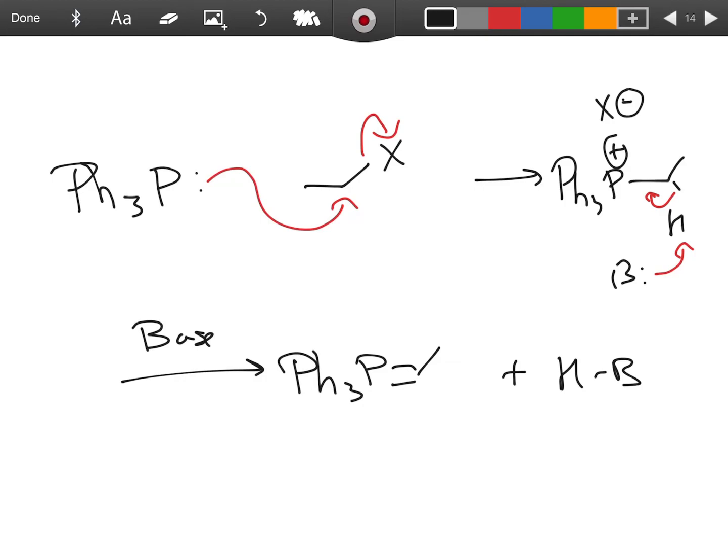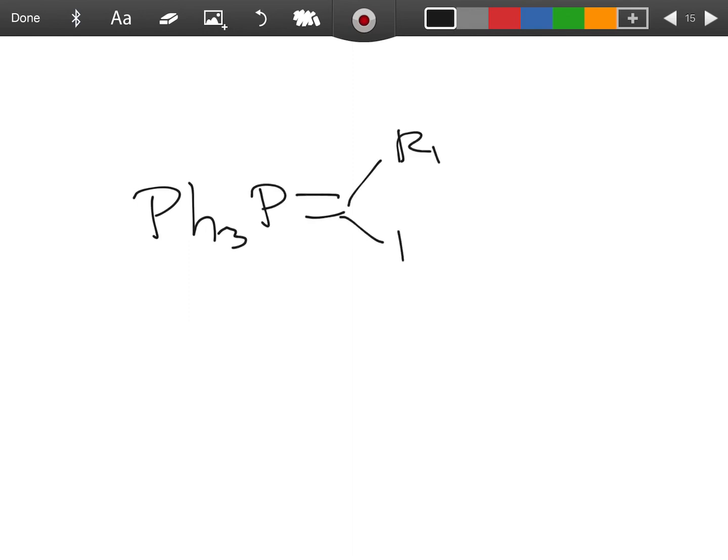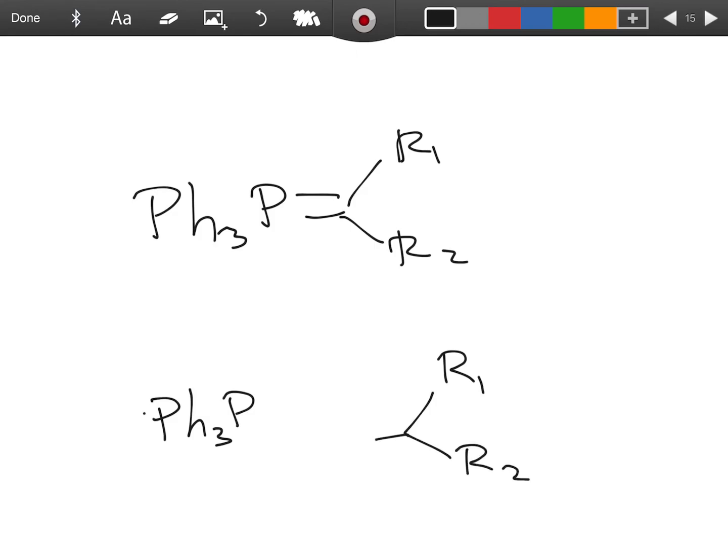So if you're making an ylide from a secondary halide, so an ylide that has two groups on it, right, so that came from triphenylphosphine and a halide and a secondary halide.